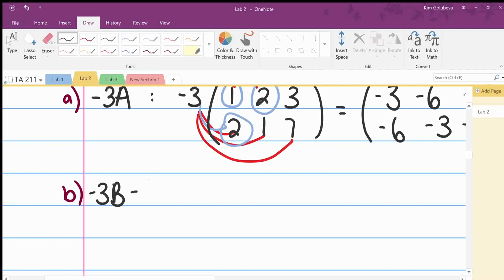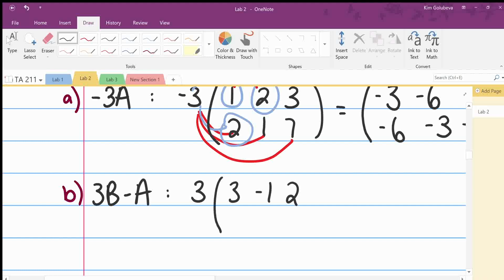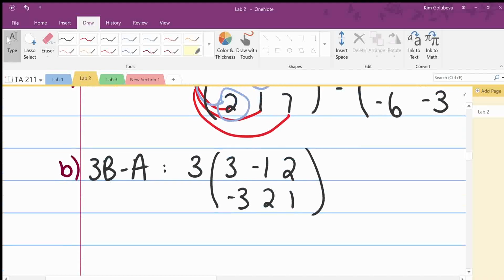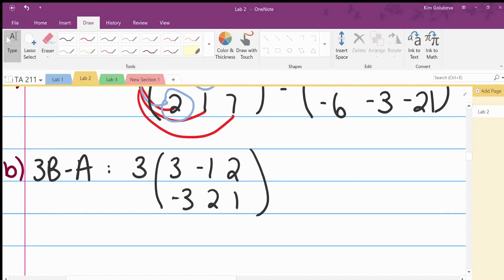B, we are asked to first distribute a -3, or is it a +3? Yeah, sorry, it's a +3. 3B minus A. So we're asked to go 3 times B, and we're going to minus A. First I'm just going to focus on doing the 3B part.